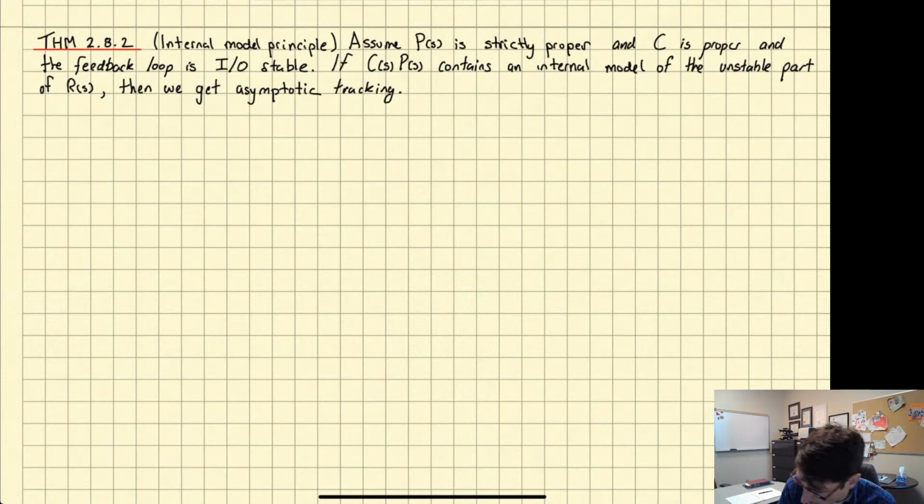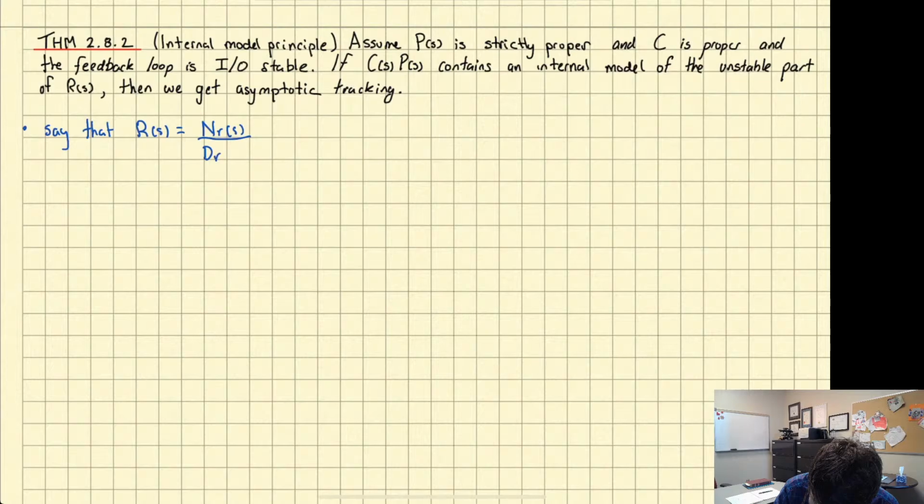So what it's saying is the following. Say that R of S, the Laplace transform of the reference, is the numerator of R over the denominator of R. Let's factor the denominator of the reference's Laplace transform so that we have one polynomial, which we'll call stable, having all its roots with negative real part, times another polynomial having all its roots with real part greater than or equal to 0.